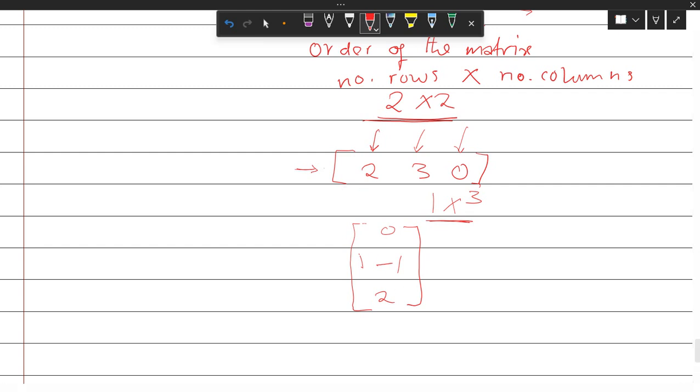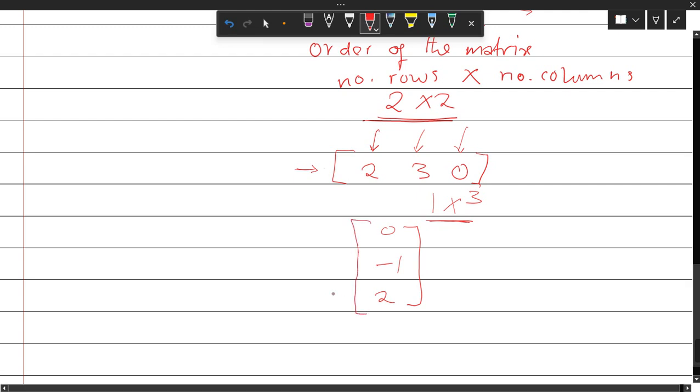So I've shown you how you can tell the order of the matrix. Looking at this one from this edge, first you count the number of rows.